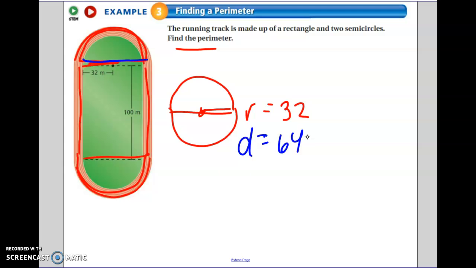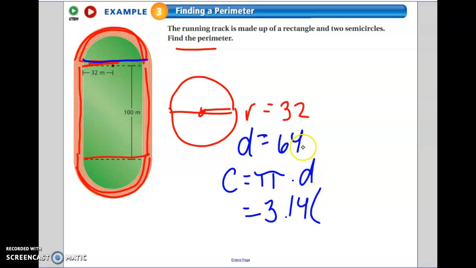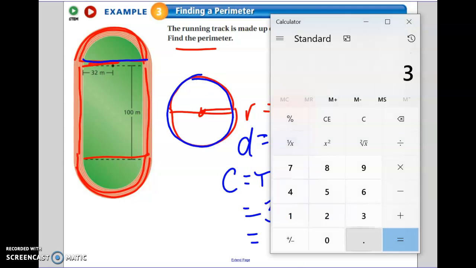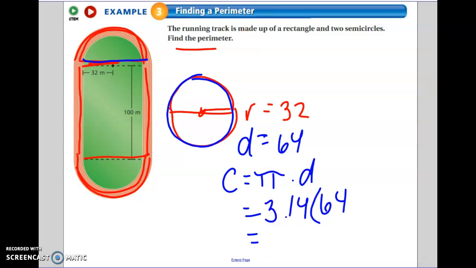And the reason I care about that is because I know that circumference is pi times diameter. So I'm going to go 3.14, that's pi. We just calculated the diameter to be 64, and so I can find the perimeter of this whole circle by doing 3.14 times 64, 200.96 meters.